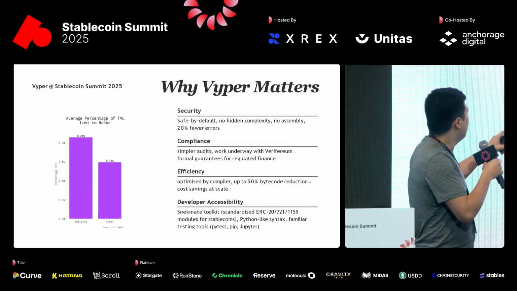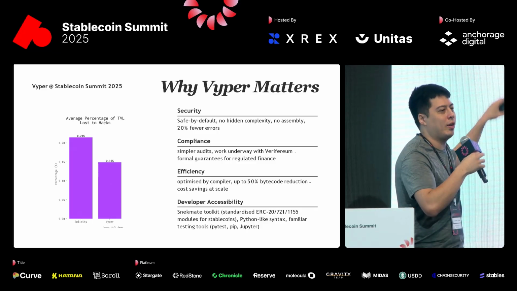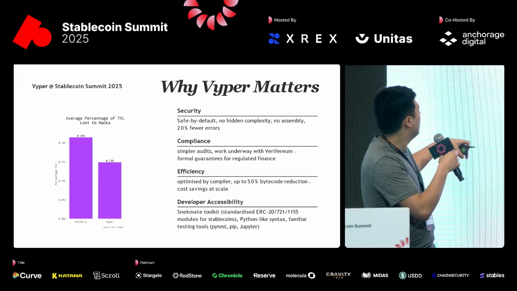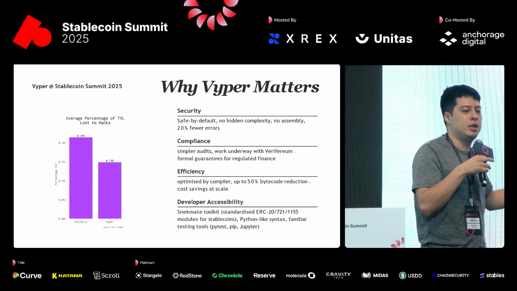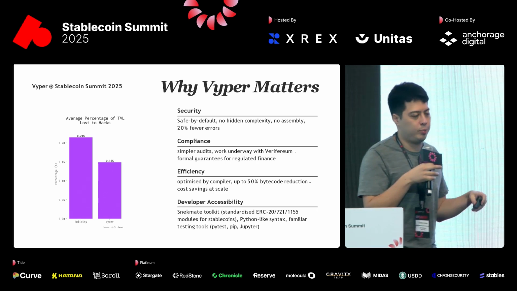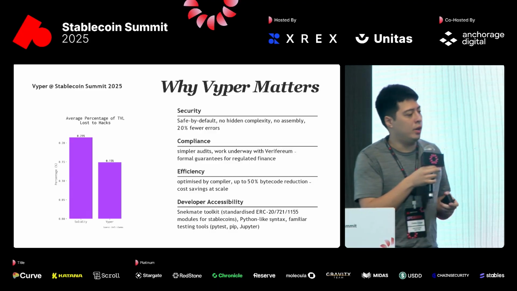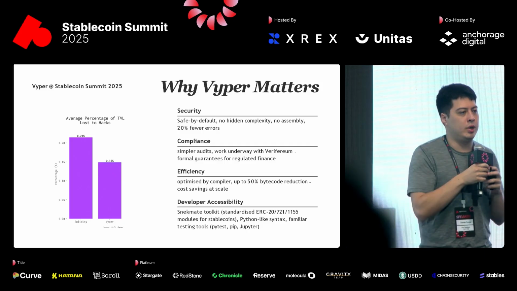We actually had other languages up here, but they distorted the graph. So these are the two safest languages, Solidity and Vyper. The amount of TVL that has been lost to hacks in Vyper is 15 basis points, as opposed to Solidity's 21 basis points. And besides the security aspect, there are a lot of other benefits.